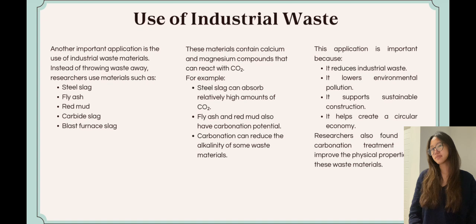These materials contain calcium and magnesium compounds that can react with carbon dioxide. For example, steel slag can absorb relatively high amounts of carbon dioxide, and fly ash and red mud also have carbonation potential. And carbonation can reduce the alkalinity of some waste materials.